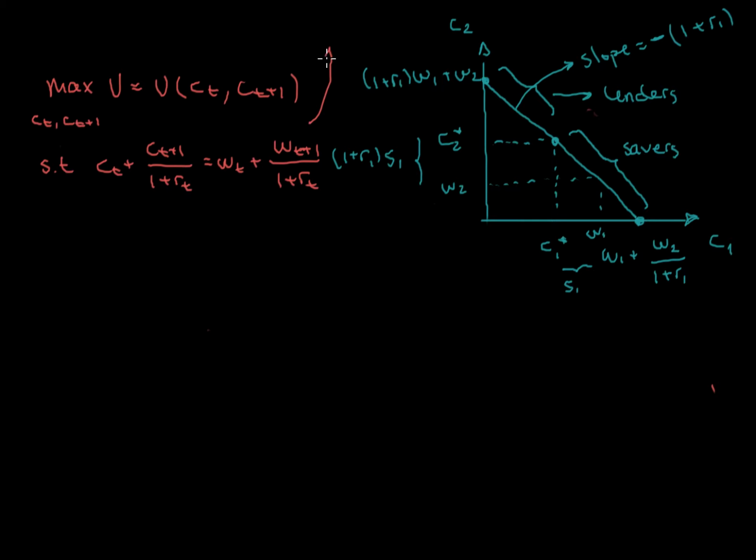This is the intertemporal budget constraint. Perfect. So, as always, we can do this computation with a Lagrangian function.